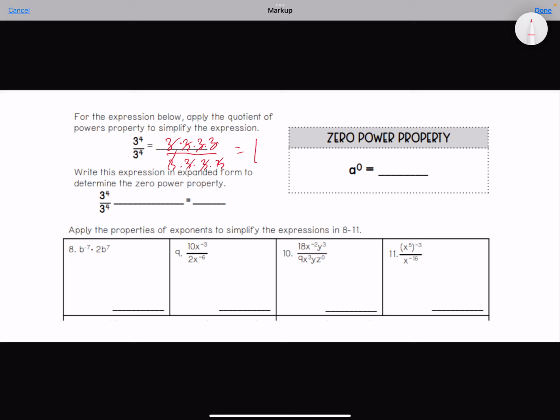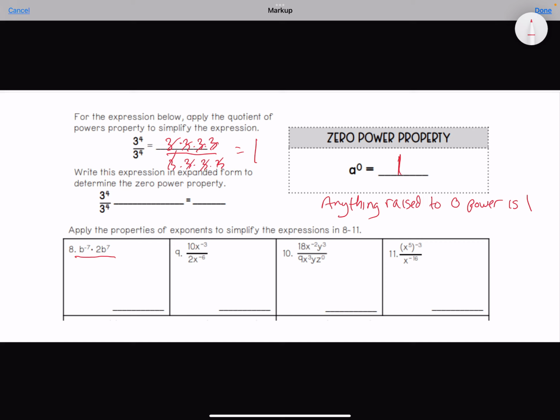So anything raised to the zero power is 1. This will never change. You could have 1 million to the zero power. The answer is going to be 1.